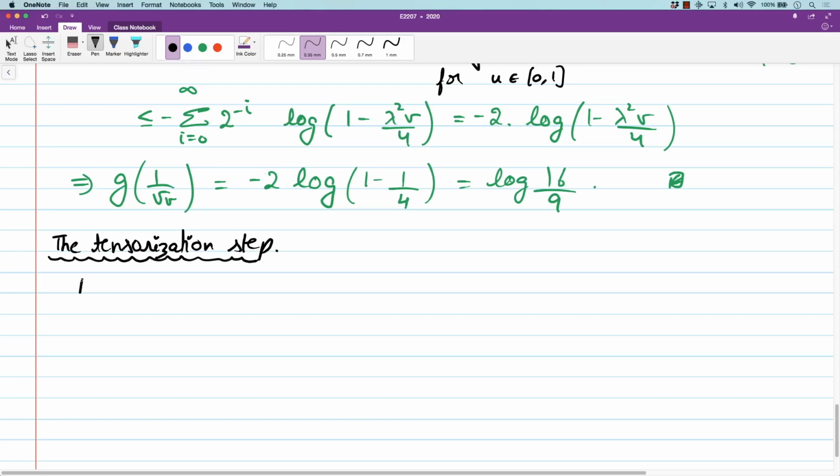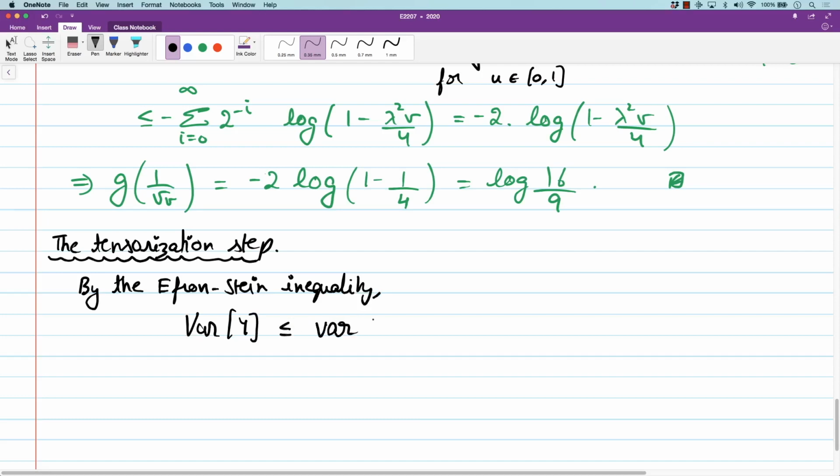So by the Efron-Stein inequality, the variance of y is less than or equal to, where y again is a function of those x1 to xn, the independent random variables.